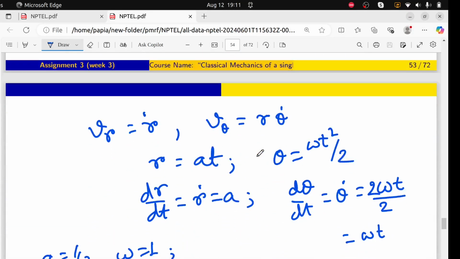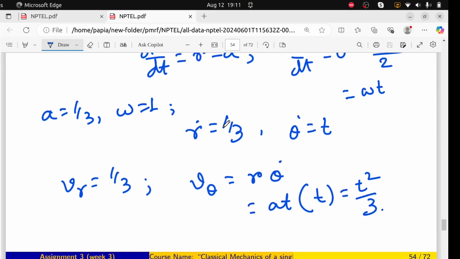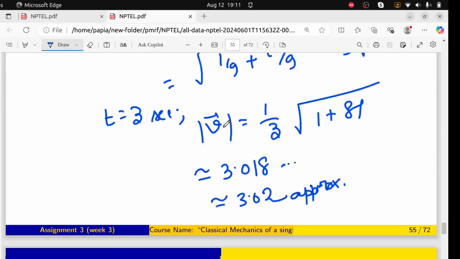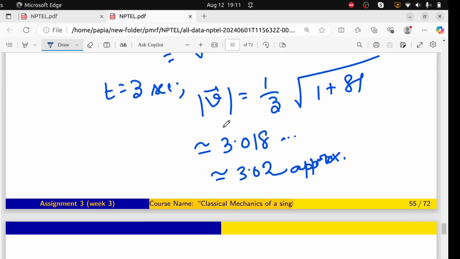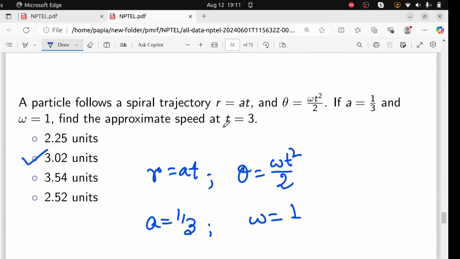Then VR is R dot, V theta is R theta dot. So V equals root over R dot square plus R theta dot square, which is 1 by 3 whole square plus t square by 3 whole square. The answer is 3.02 approximately, which is option number 2.